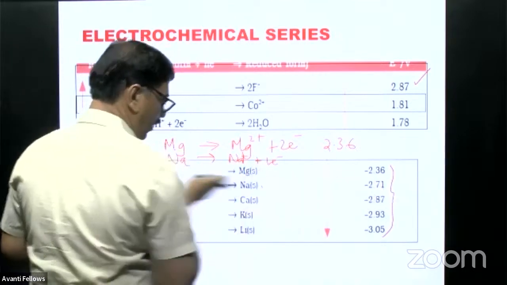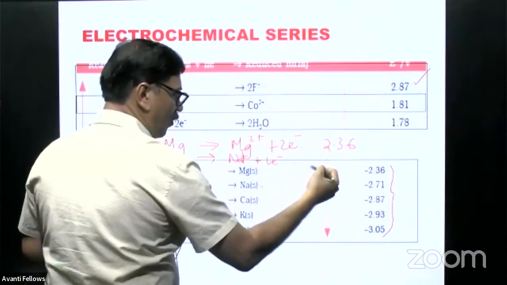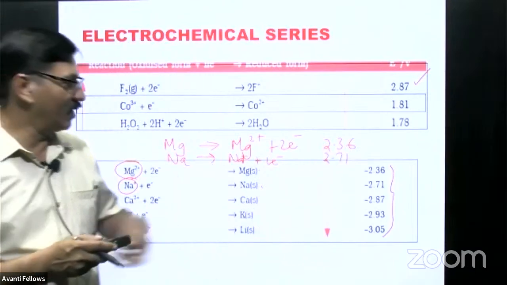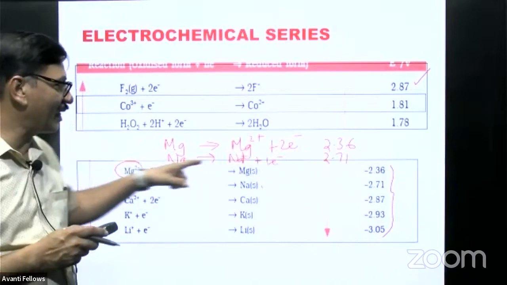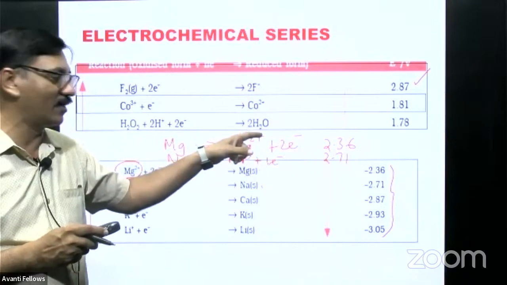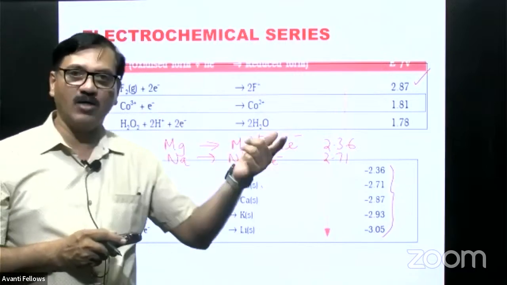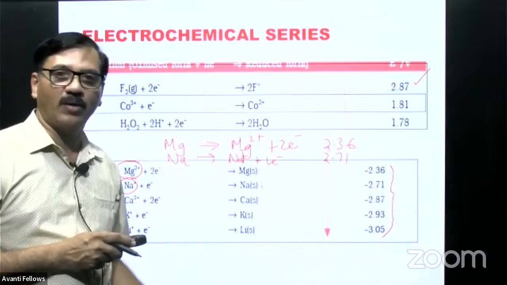So the reduction process has minus 2.71, and the opposite process is 2.71. Now compare this mathematically. This is greater than this value. Therefore, this is likely to occur more easily than that. So sodium is a stronger metal. It can undergo oxidation more readily than magnesium.